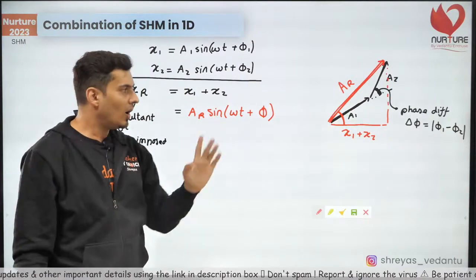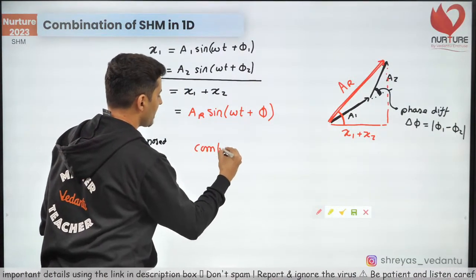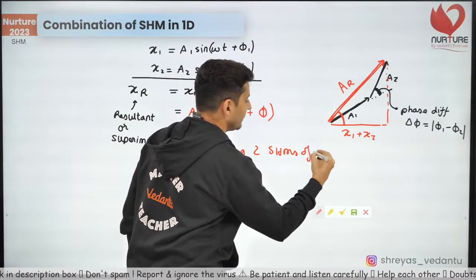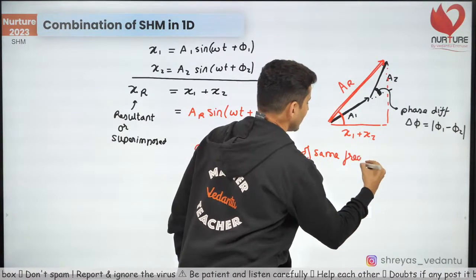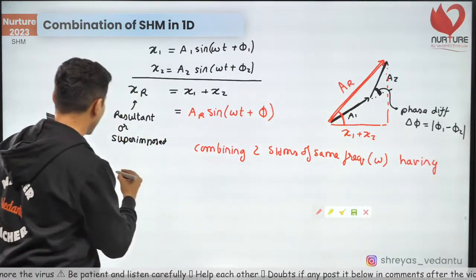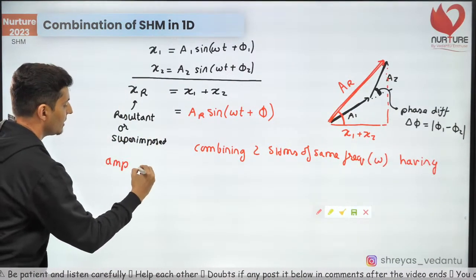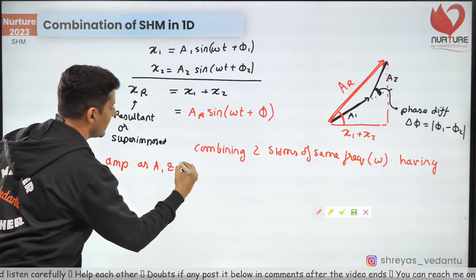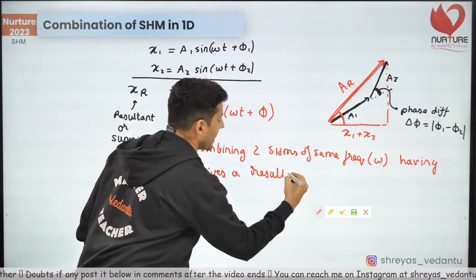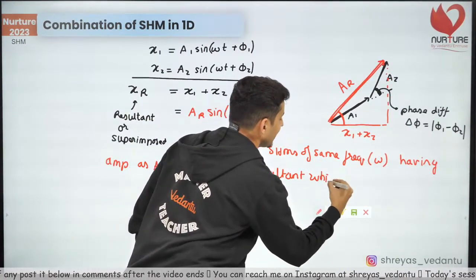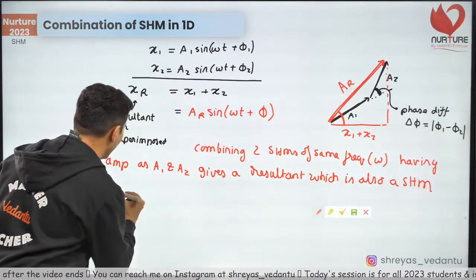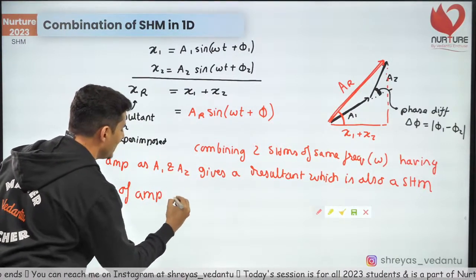That's all. So all it says is combining two SHMs of same frequency, basically omega, having amplitudes A1 and A2, gives a resultant which is also a SHM of amplitude. What is the new amplitude? Can you see that?